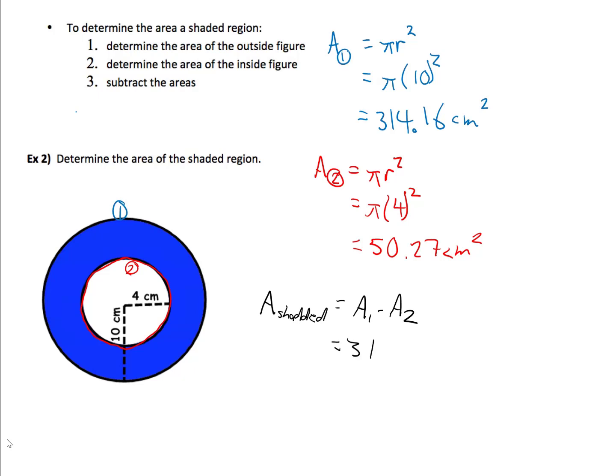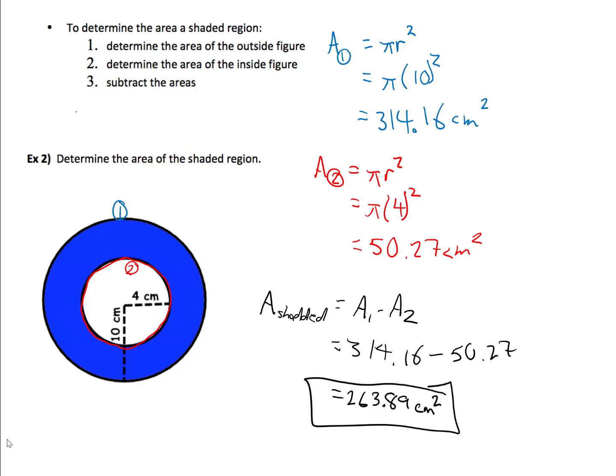So 314.16 subtract 50.27, and your final amount should be 263.89 centimeters squared. All right, and that's it for your final answer there and your final example.